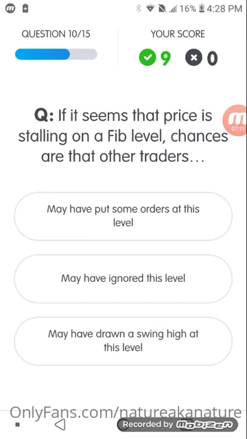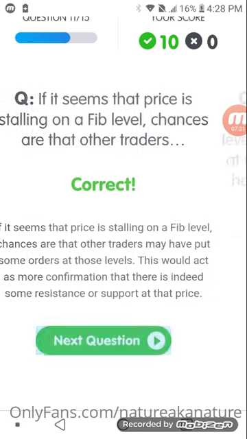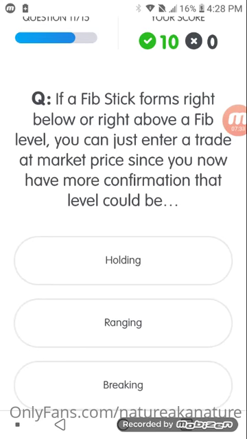You're not the only trader putting in orders there. This acts as more confirmation that there is indeed some resistance and support at those prices, at those levels, okay? If a candlestick forms right below or right above the fib level, you just enter a trade.